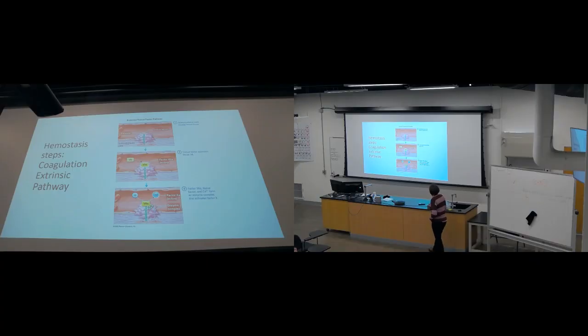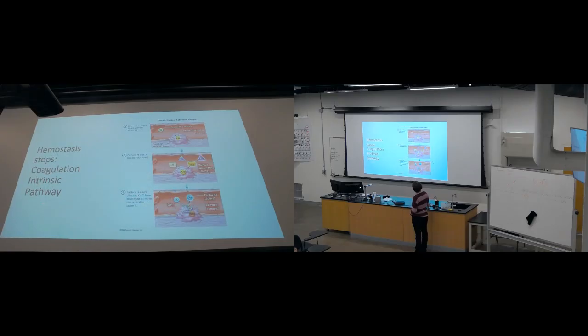And now, once you have this cascade going on, then you have the tissue factor pathway, in which basically you have this tissue factor that is exposed after an injury that will lead to activation of factor 7. Factor 7, so this one, sorry, was the intrinsic pathway.